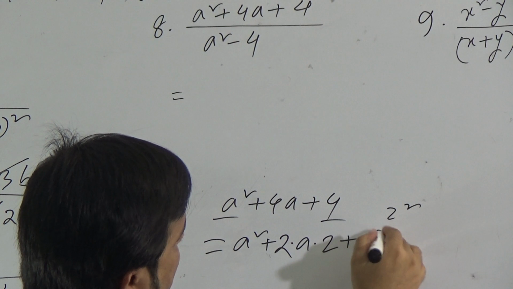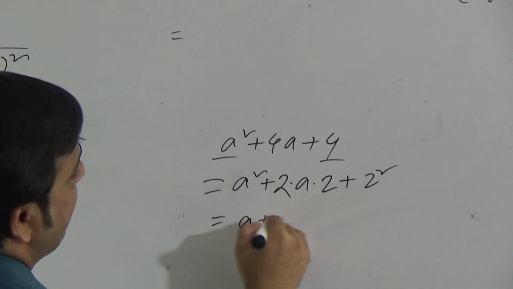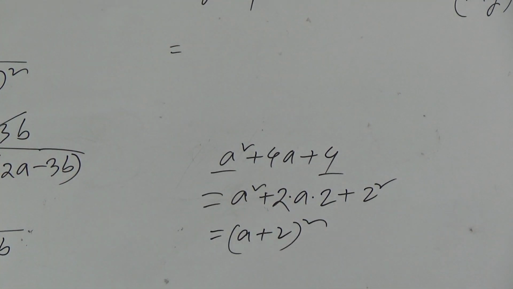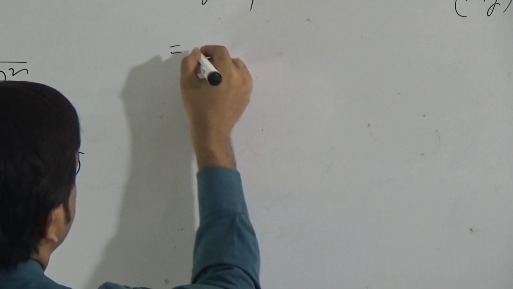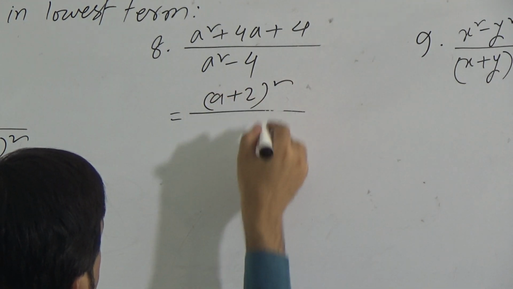Now, 4 means 2 square. So, we can apply the formula, this means a plus 2 whole square. So, in the numerator if we factorize, we can write directly here a plus 2 whole square.